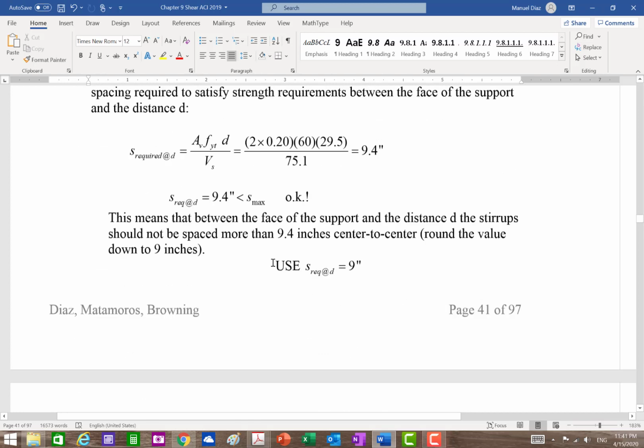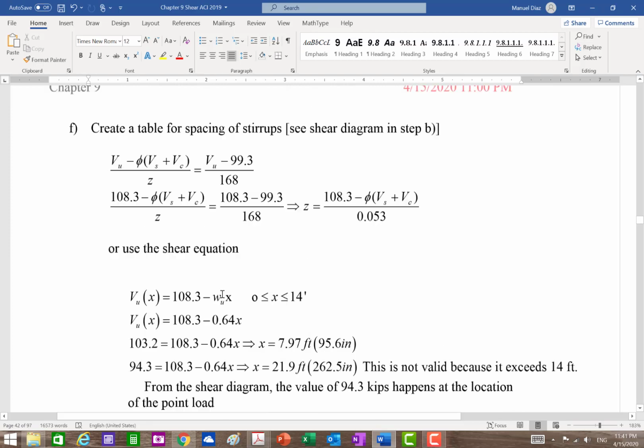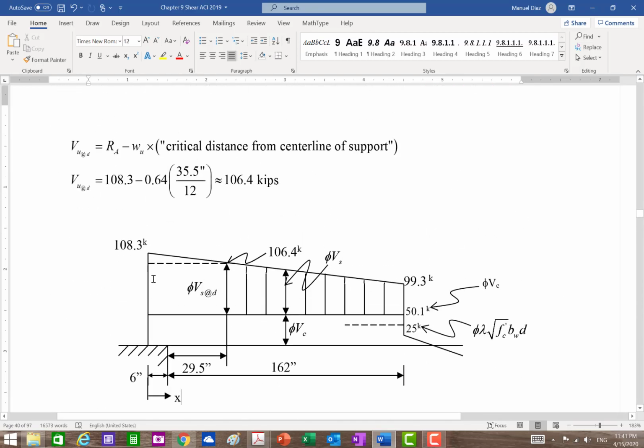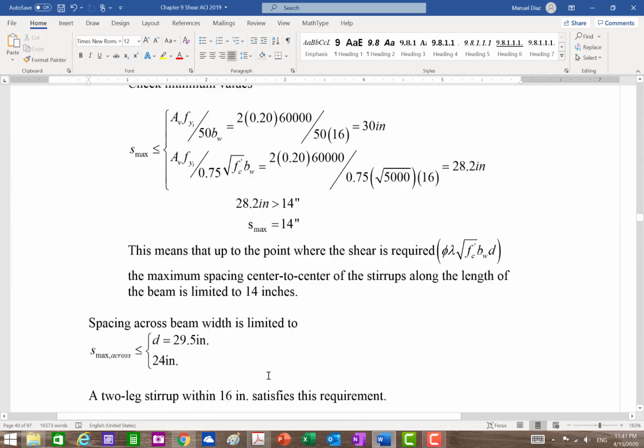Or do we do it from the face? Let me make sure that we did this correctly. What numbers are we using? This is 108. This one is 108, right? So 108 is this one. So from there, we're missing this right here.